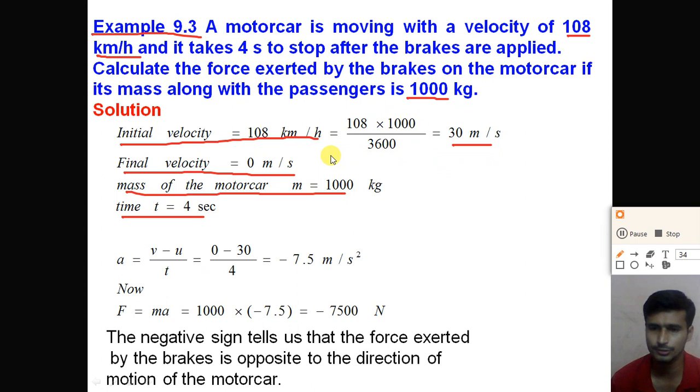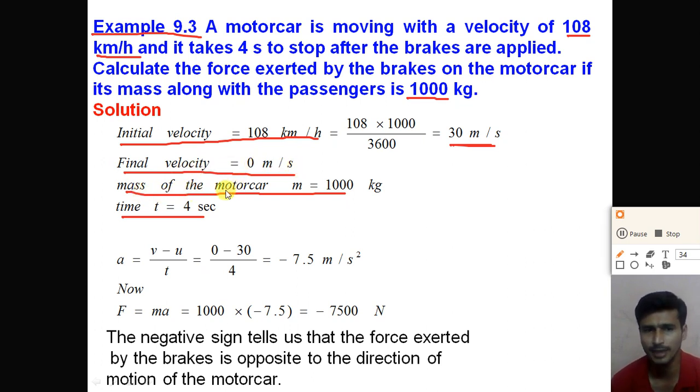So here, dear student, initial velocity is given to you as 108 kilometer per hour. It is equal to 30 meter per second. Now after applying the brake, the motor car will stop. So the final velocity of the motor car is 0 meter per second.